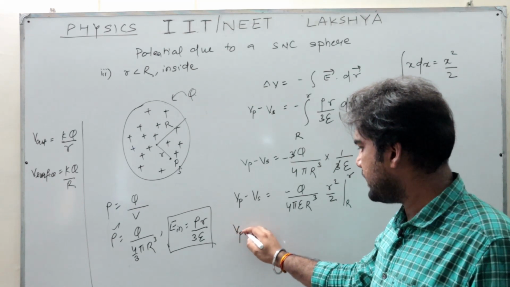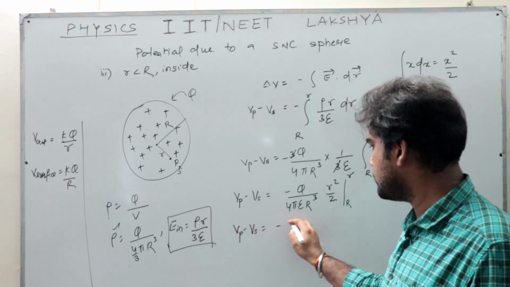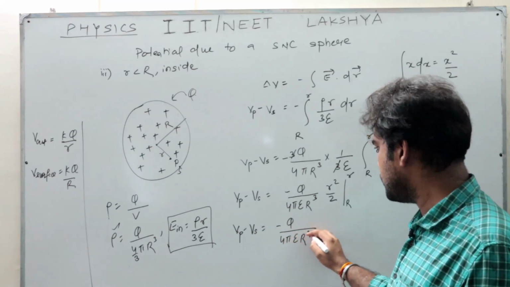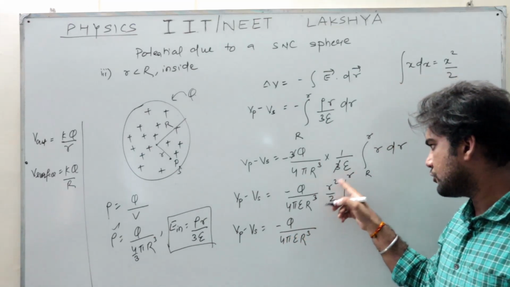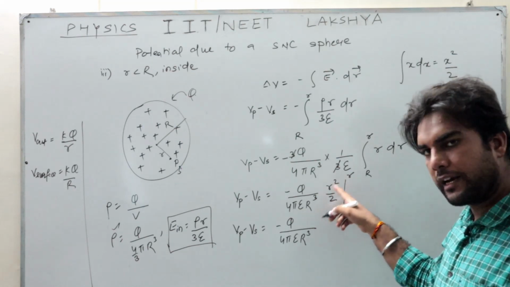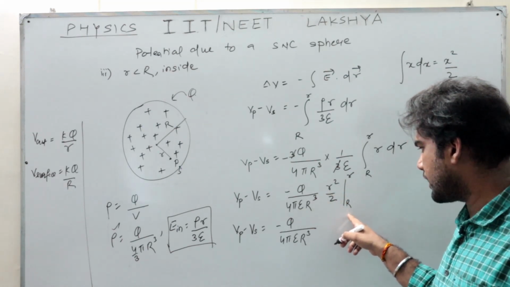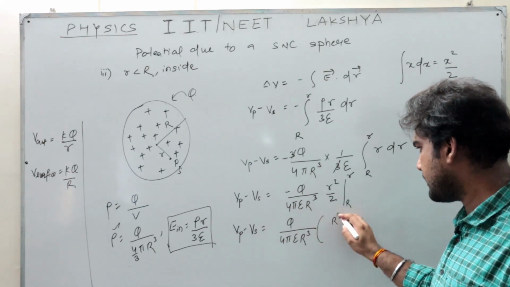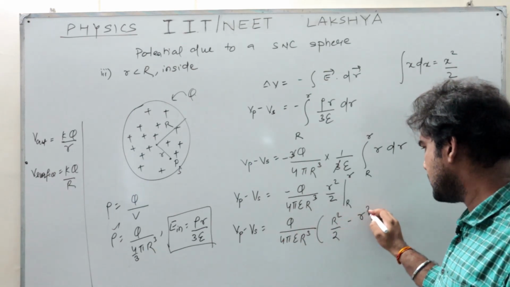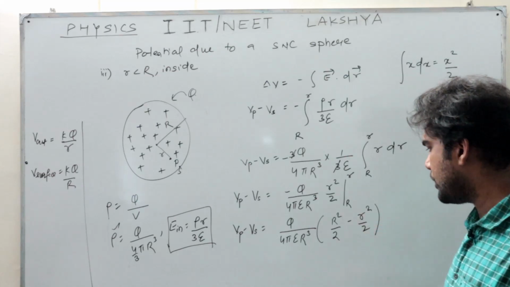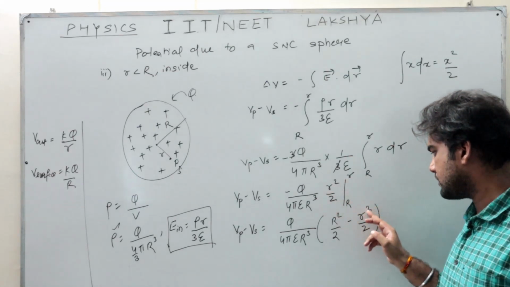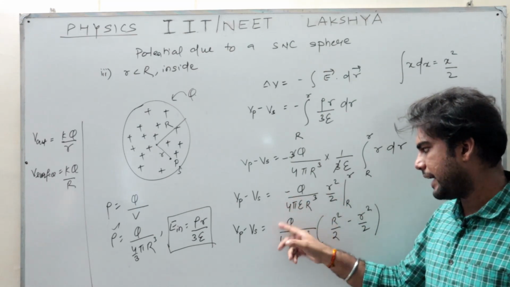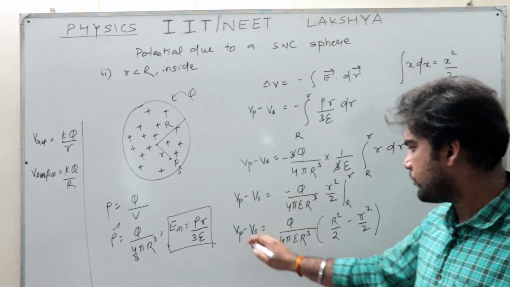I am writing Vp minus Vs is equal to minus q by 4 pi epsilon R cube, small r square, the upper limit minus the lower limit. Since the outside minus sign is there, I will write it like this, R square by 2 minus r square by 2. I hope you understood. Actually it is small r square by 2 minus capital R square by 2, but outside one minus sign is there. So that is your formula.